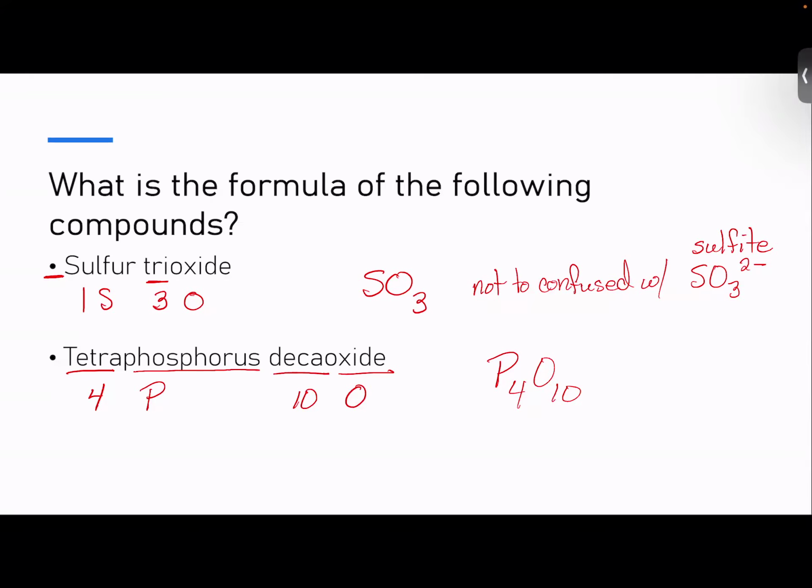That is one reason in the homework section, the optional homework, there are these huge packets. One of them has 160 questions where you convert formula to name.